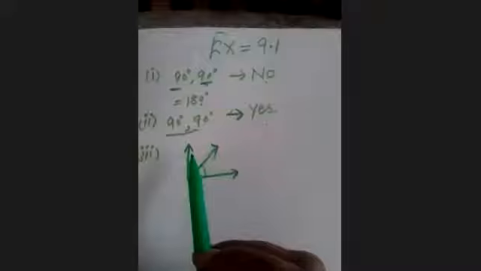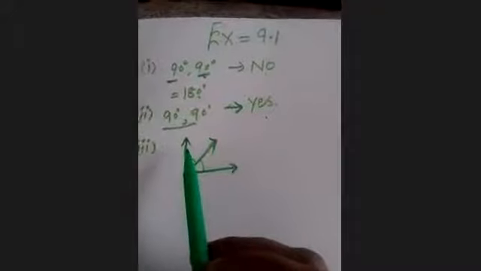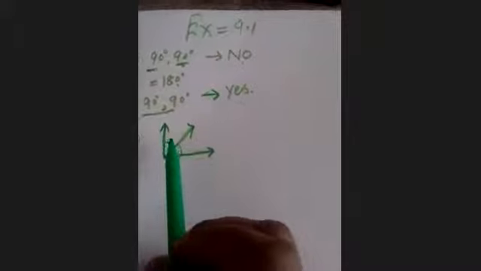Next question is third. Can two adjacent angles be complementary? क्या दो adjacent angles जो हैं वो complementary हो सकते हैं? Now see the example.